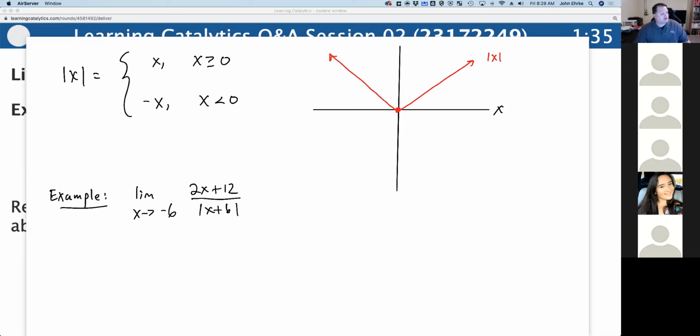If we're asked to calculate a limit of this type, then whatever value makes the absolute value 0, here the absolute value of x is 0 at 0, but here it's 0 at -6, right? So the denominator is 0. If you directly substitute in, plugging -6 into the top and into the bottom, you get 0 over 0.